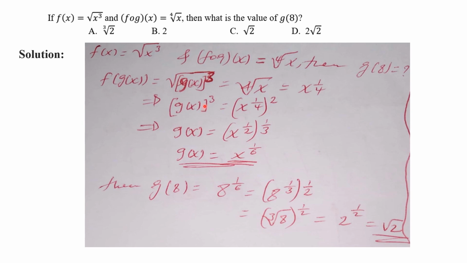Then here x to the power of 3, so the power of 3 times the power of 1 over 3 cancel, and g of x is x to the power of 1 over 6. Then g of 8 means 8 to the power of 1 over 6, substituting 8 for x. This is 8 to the power of 1 over 3 to the power of 1 over 2. 8 to the power of 1 over 3 means third root of 8, which is 2. 2 to the power of 1 over 2 means root 2. So the answer will be C.